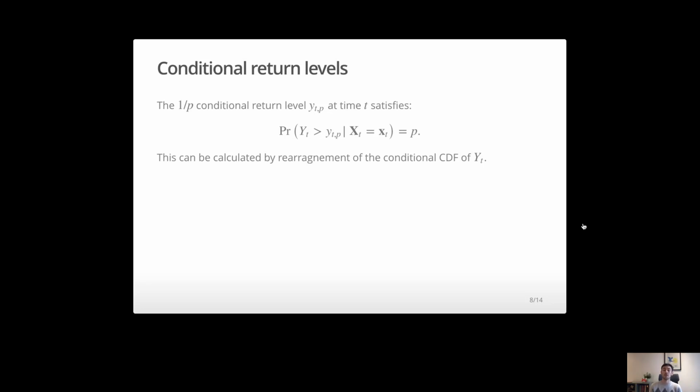The way that we work out this conditional return level value is exactly the same way as for our marginal return level, but this time we're not rearranging the CDF of y of t. Instead, we're rearranging the conditional CDF given the covariate values.